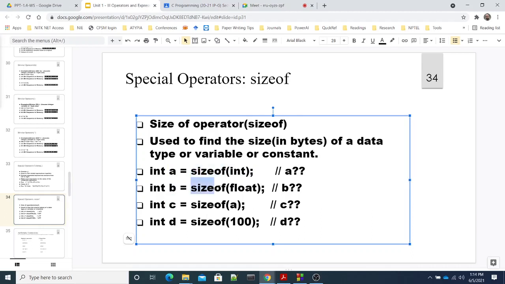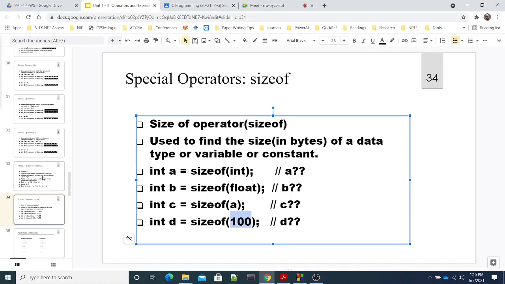So the output of this operation on any data type will be an integer type, which says how many bytes are reserved in the memory for a variable of this data type or this variable or this constant. Since it's an integer, it will be 2 bytes or 4 bytes based on the computer architecture: 16-bit machine 2 bytes, 32-bit machine 4 bytes.